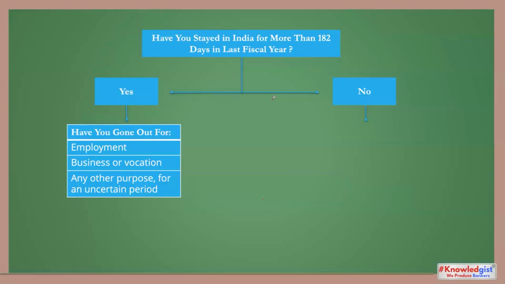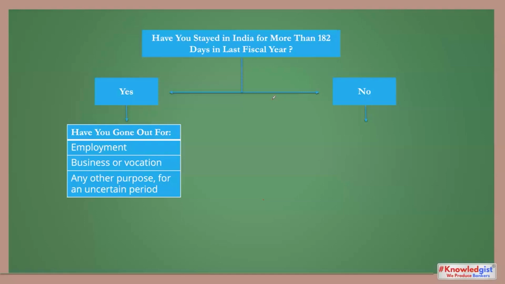Somebody goes foreign, like I went last month to 4 countries. But I returned within 1 month, right? So the purpose is known. I know that I am going on fast and I will be coming by 30, right? But I would have gone for business.